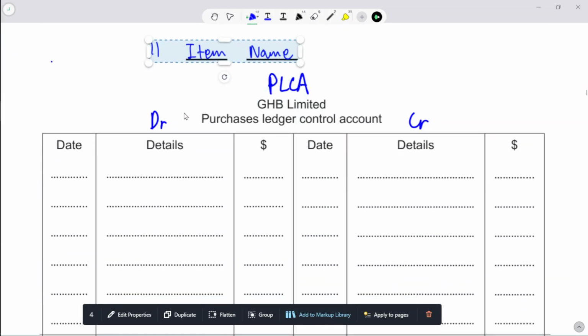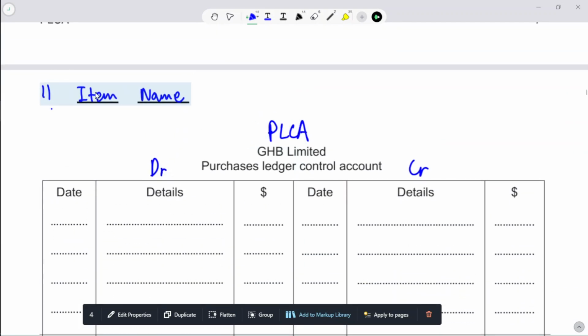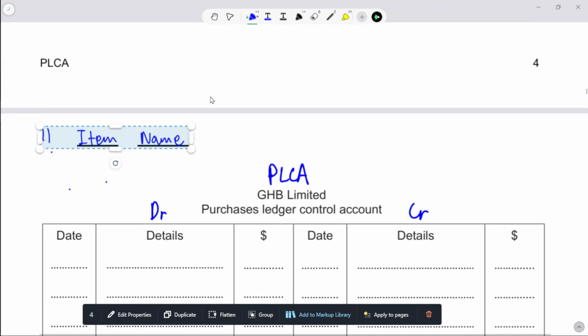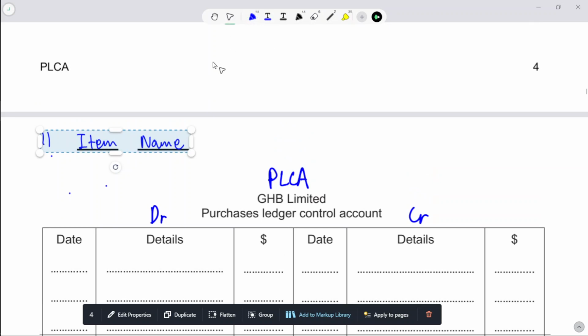As you can see, what he wants us to do is list down the item and also the name, because of double entry. Double entry, item name.